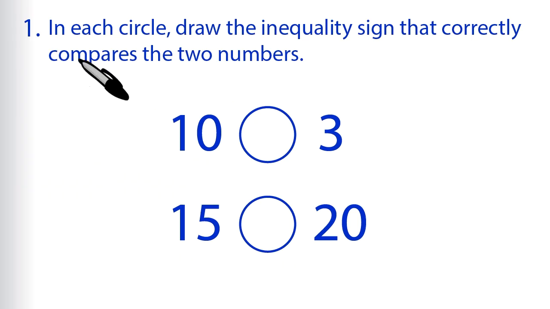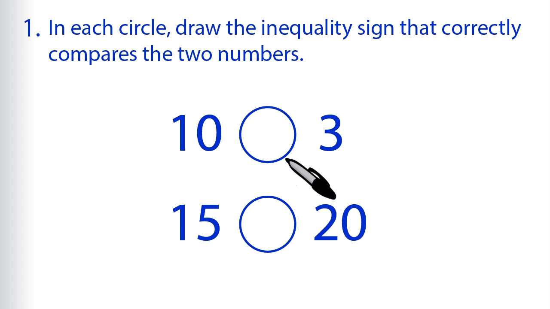For our first problem, we're told in each circle to draw the inequality sign that correctly compares the two numbers. And so we have the numbers 10 and 3 being compared. So 10 is obviously greater than 3, and so we need to draw the correct sign.